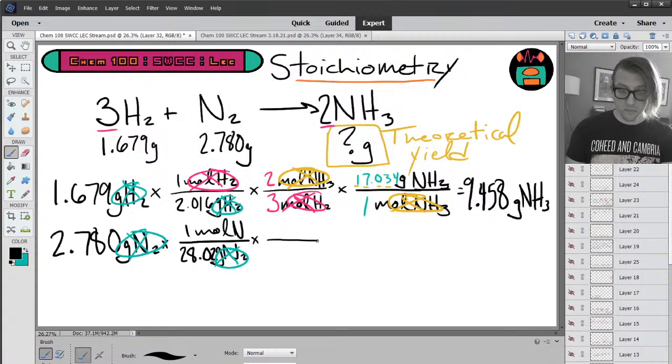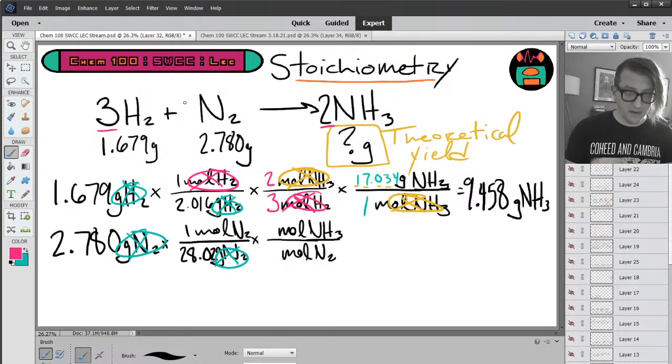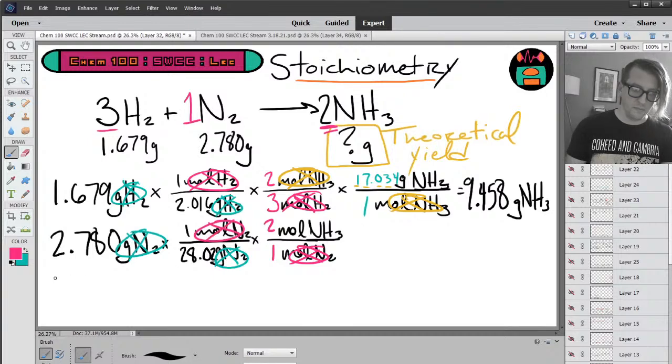Now that we've converted to moles of nitrogen, we need to convert to moles of ammonia. So we put moles of N2 in the denominator and moles of NH3 in the numerator. This is a 1 to 2 molar ratio. 1 mole of nitrogen produces 2 moles of ammonia, so moles of nitrogen cancels.